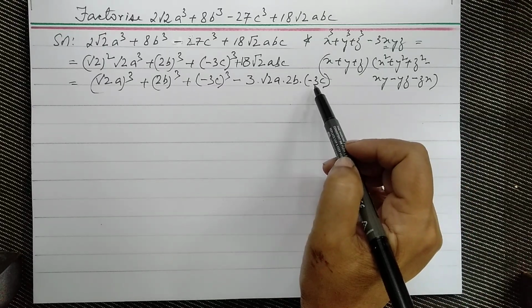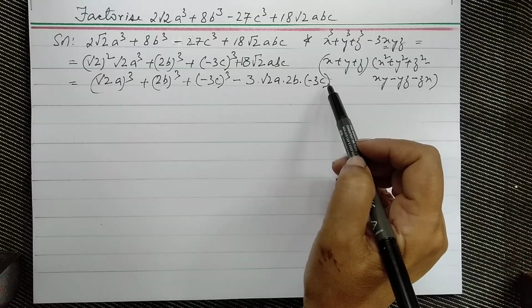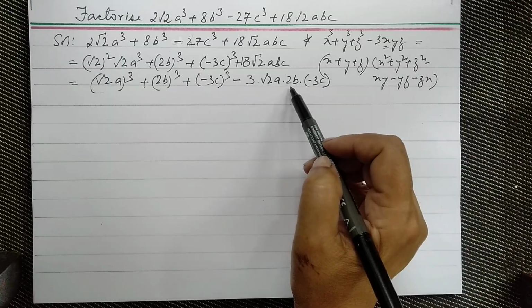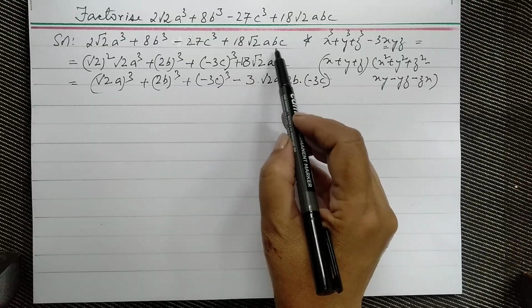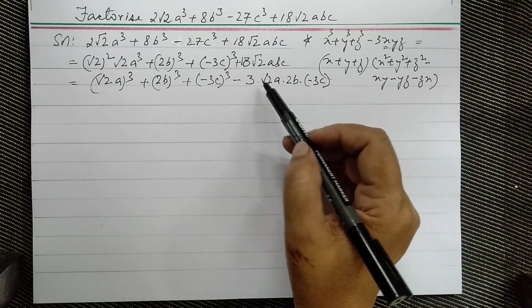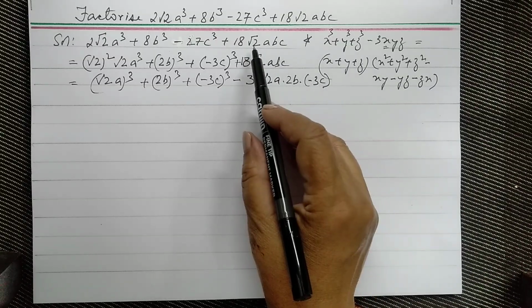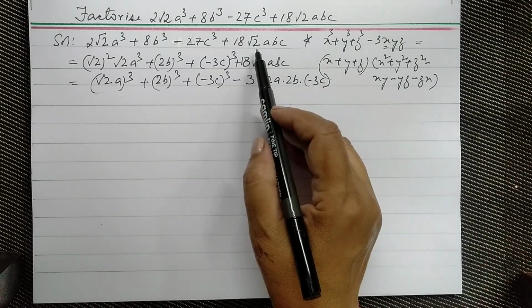Now let us multiply this and see whether we are getting 18 root 2 ABC or not. Minus 3 into minus 3c is equal to plus 9c. Am I right? And plus 9c multiplied by 2b is equal to 18bc. And root 2a remains, which we multiply.